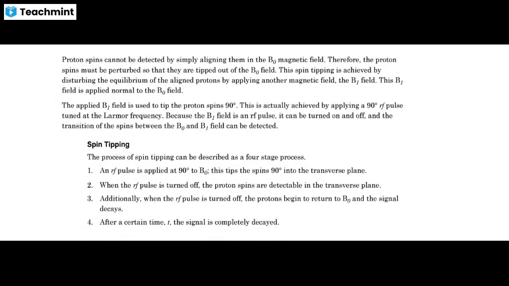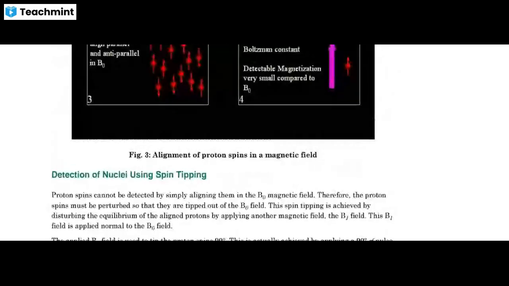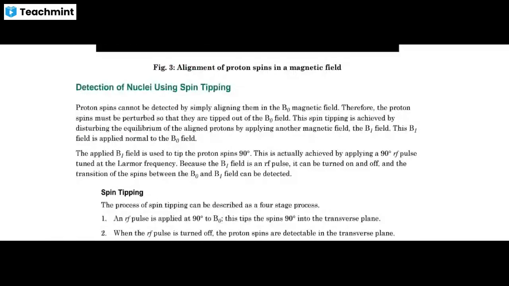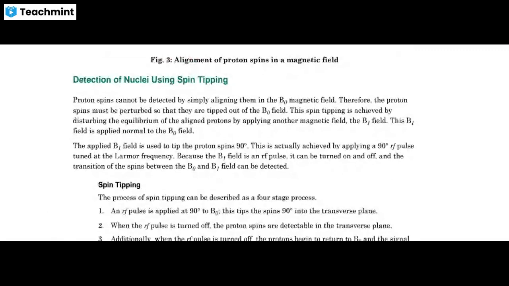Additionally, when the RF pulse is switched off, the protons begin to return to B0 and the signal decays. After a certain time t, the signal is completely decayed. That is detection of nuclei using spin tipping. So this is the concept of spin tipping.